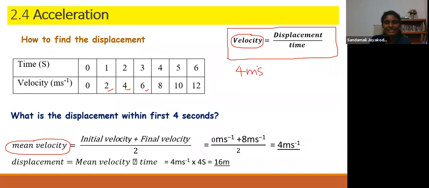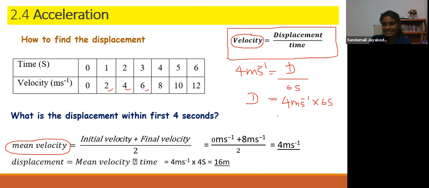Now we can easily find the displacement because we know the time. It is 6 seconds. We can easily find d is equal to 4 multiplied by 6, the 6 seconds.